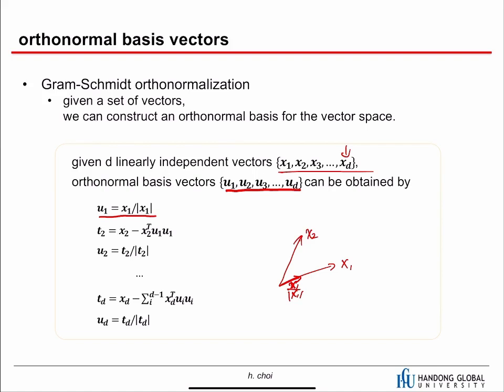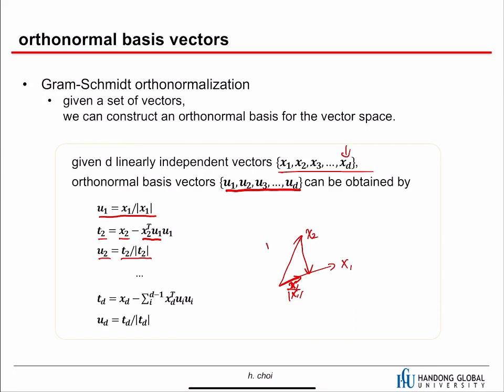Basically, the second orthonormal basis vector will be the unit vector of t2, and t2 is based on just x2, but we have to subtract the x1 component from x2. Okay, so we project x2 onto u1. Okay, so we project in this way, and we subtract the component.